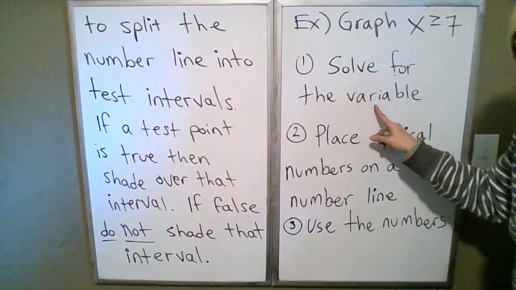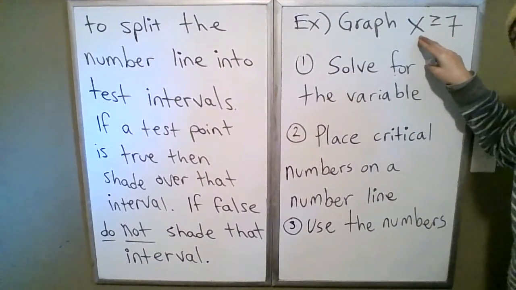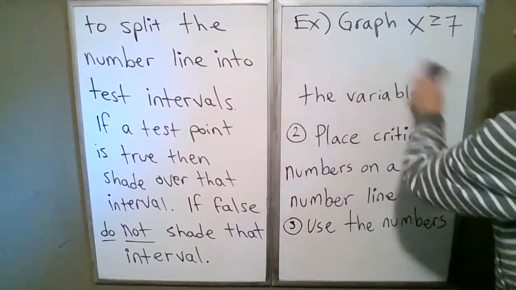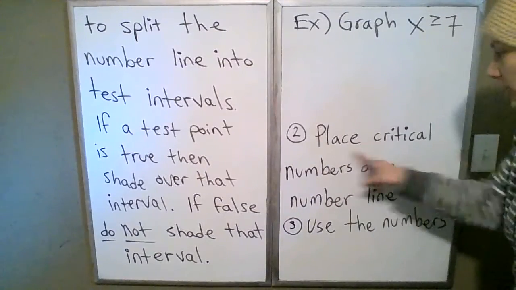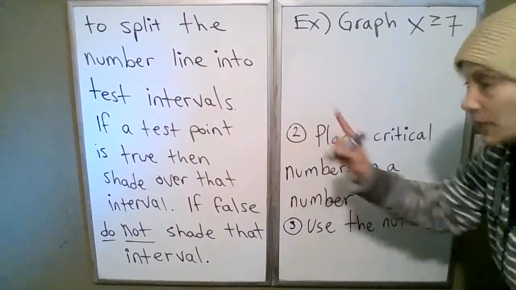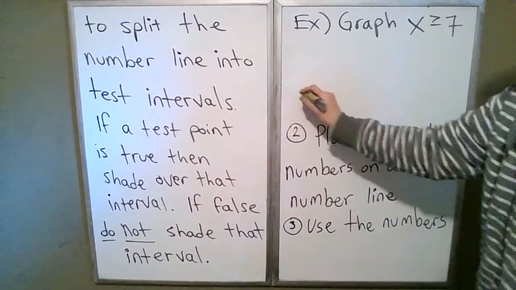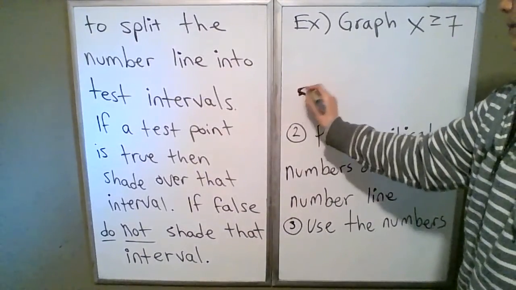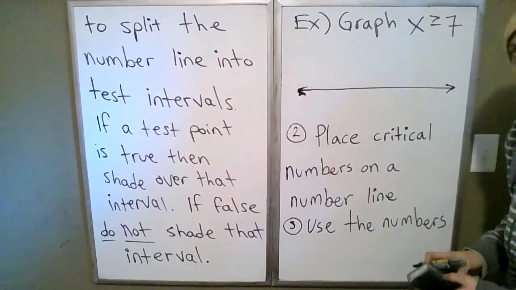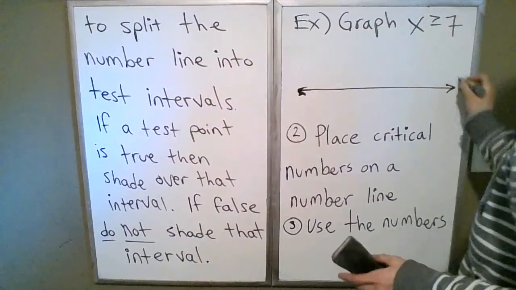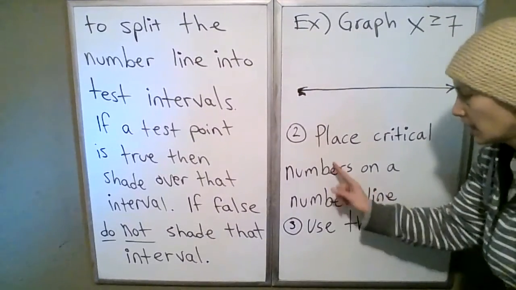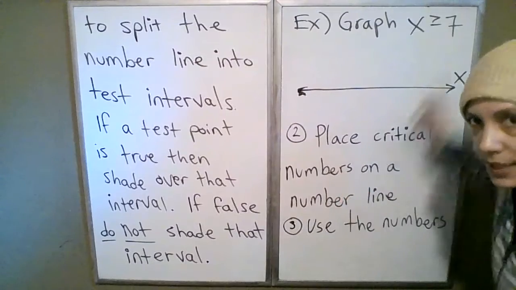It means isolate your variable, which it is isolated over to the left side of the inequality. There's critical numbers on a number line. So if you need a number line, just one number line when there's one variable. All right, these are x values. The critical number for this problem is 7.